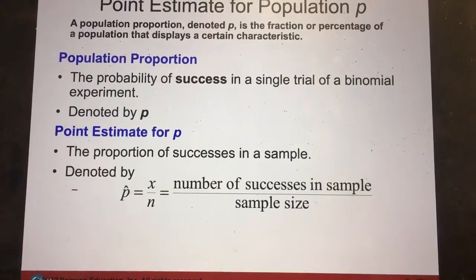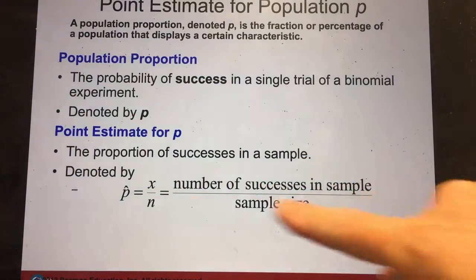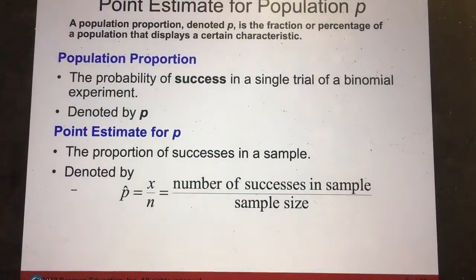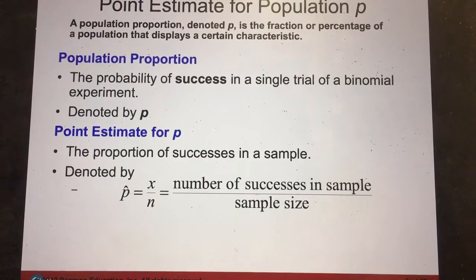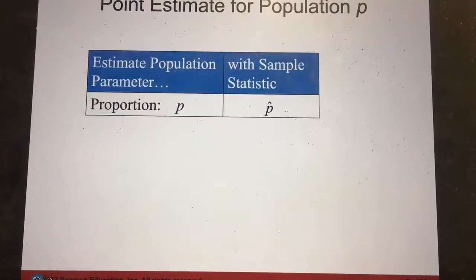Okay, now here we've got p-hat, where x is the number of successes in a binomial experiment. Remember, x was the number of successes, and n is the whole sample size. So our p-hat can be calculated by number of successes over sample size, x over n, and we call it p-hat.